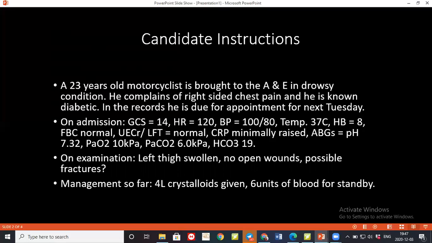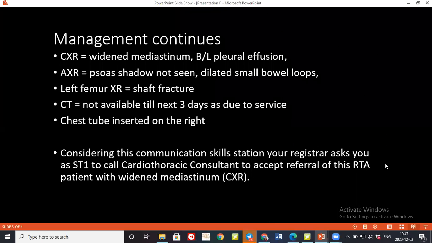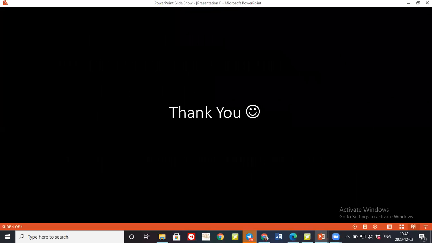We have done X-rays: the chest X-ray has revealed a widened mediastinum, and the lower limb X-ray has revealed a left femur fracture. So we're concerned that he might have a great vessel injury, and he needs to be transferred immediately to the center. You have agreed that you can transfer the patient, and I will be with the patient all the time.